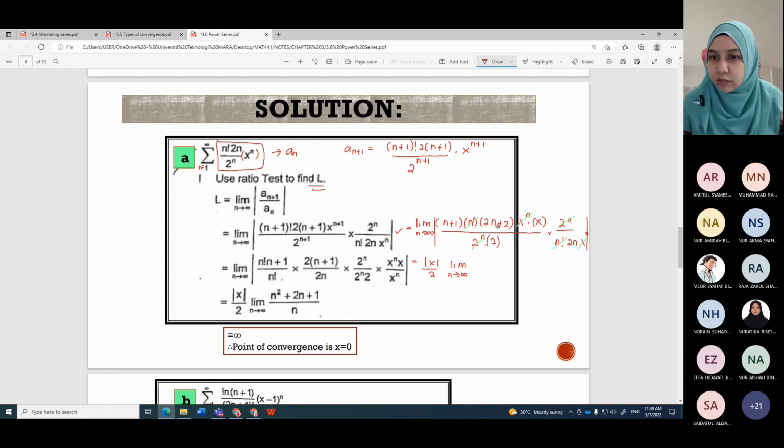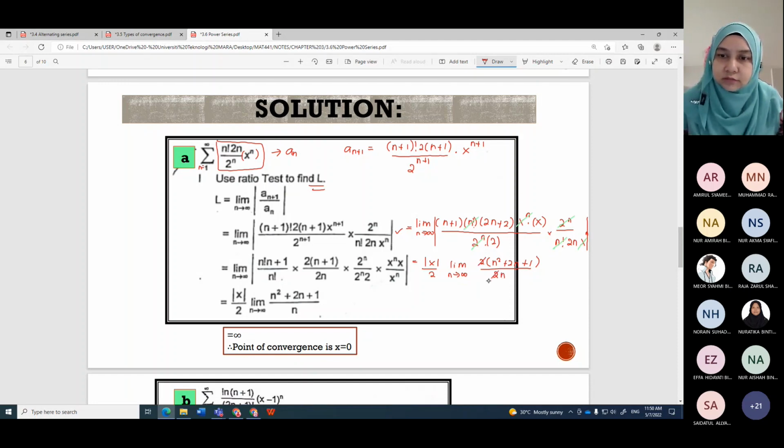Yang ini boleh. Ini boleh expandkan dia lah. Expand ini n times 1. N plus 1 times 2n plus 2. Dia akan dapat 2. Saya factorize lah. N square plus 2n plus 1 over 2n.